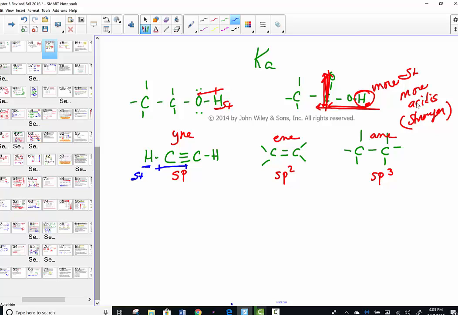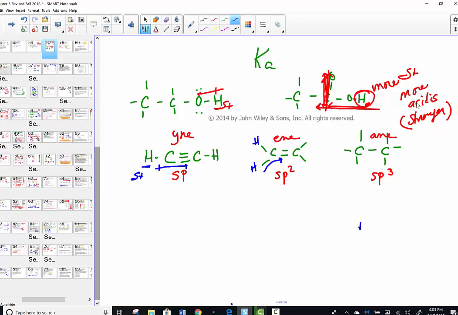The electron density is very concentrated between the two carbon atoms, and that hydrogen is a better positive charge. The electron distribution is away from it. When I look at hydrogens in a double bond, there is a greater density between the two carbons, but it's less positive than the triple.